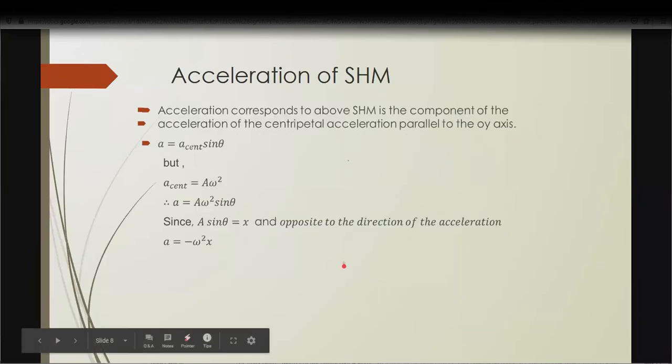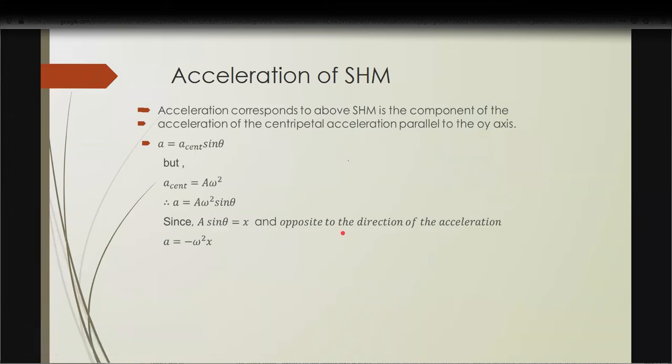Then the acceleration. We can write acceleration as a component of the centripetal acceleration. The acceleration of the simple harmonic motion is equal to the sine component of the centripetal acceleration.